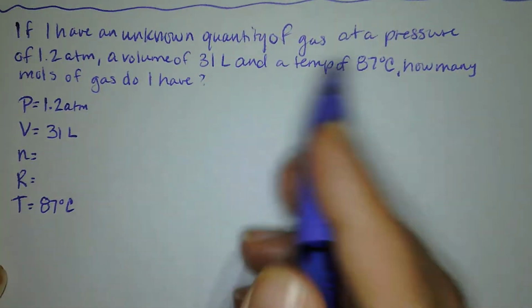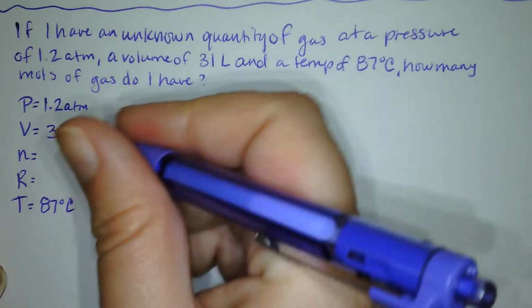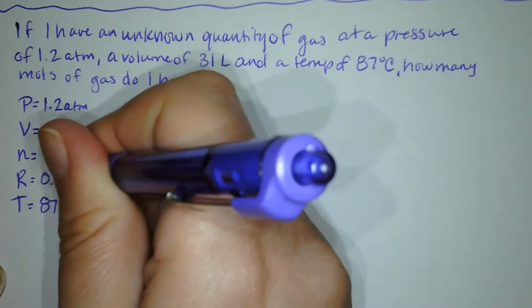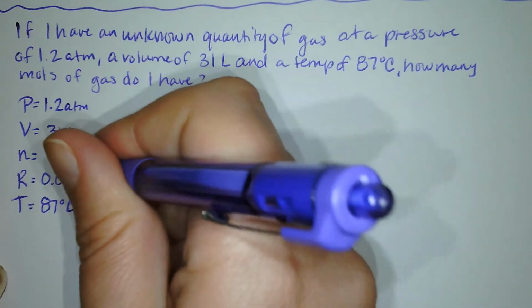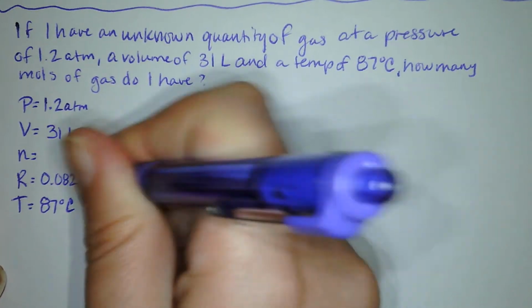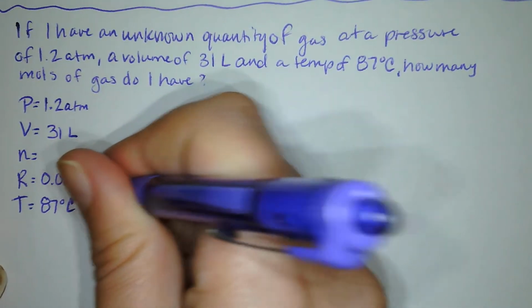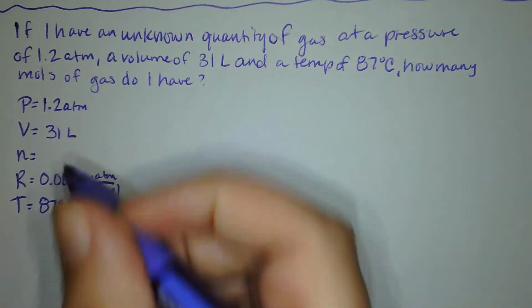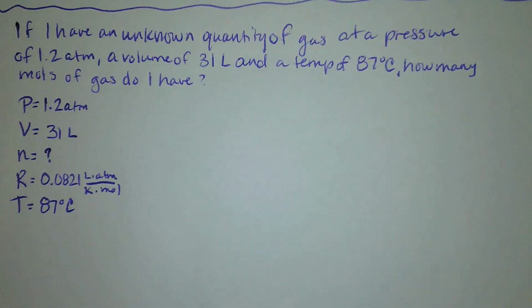That's going to be an issue. We'll come back to that. Our R value is 0.0821 liters atmospheres over Kelvin moles. Okay, this is our question. We want to know how many molecules, how many particles, how many moles. All the same thing, basically.